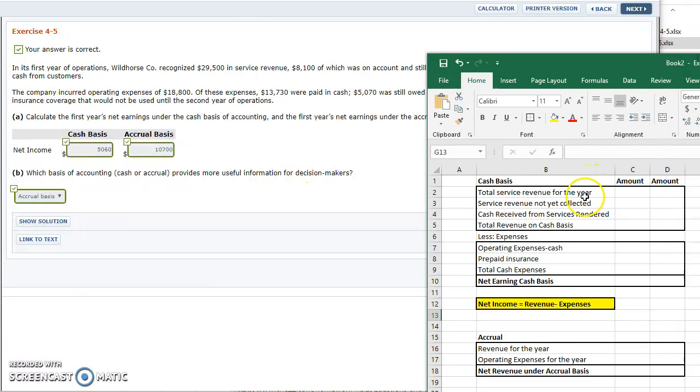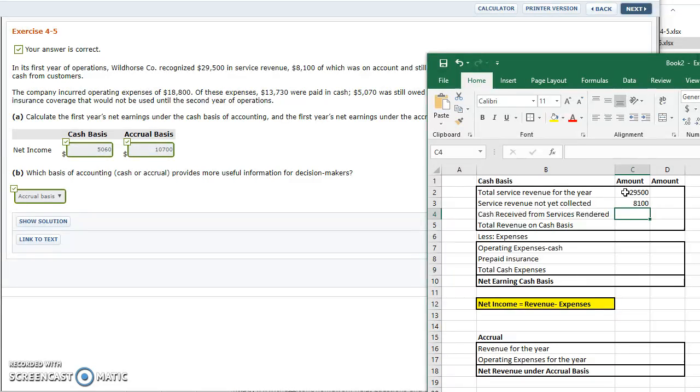In order to figure this out, I took the service revenue for the year, which was $29,500, and they tell us that out of that there was $8,100 in service revenue that was not yet collected.